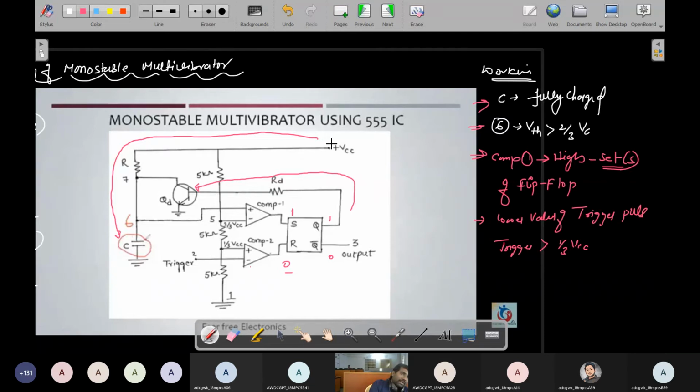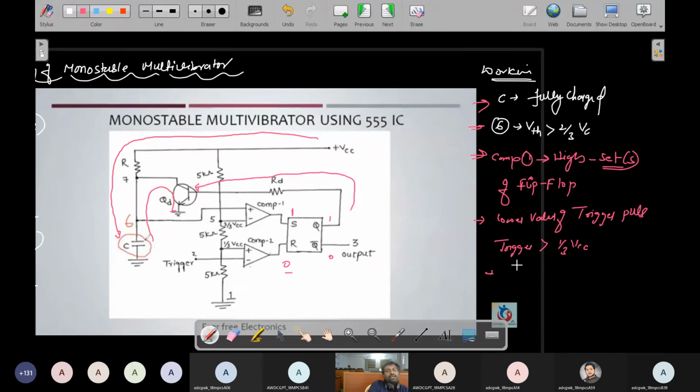So obviously this potential comes in this direction, enters the collector terminal, enters the emitter terminal and completely comes to ground state. Similarly the capacitor voltage is also moving in this direction and entering the ground. So obviously the capacitor will be discharged.